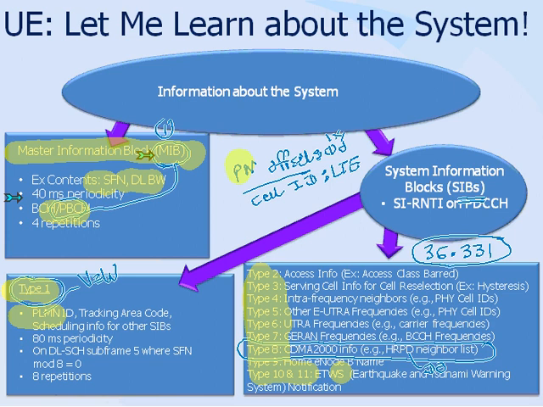Okay, so we repeat that 4 times. So basically 1, 2, 3, and 4. 4 consecutive frames will give you 40 milliseconds, and then another set of 4 frames will again have the master information block. So we have that rule for the master information block.